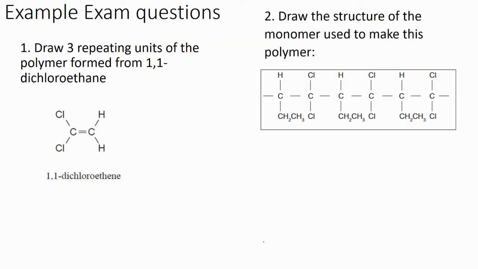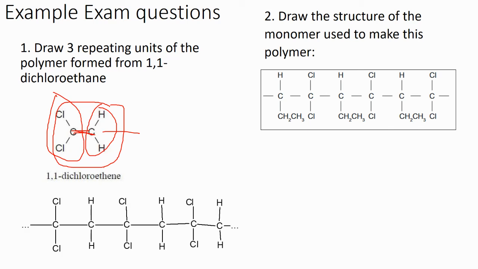All right, let's look at some example exam questions. The first one might ask you, draw 3 repeating units of the polymer formed from 1,1-dichloroethene. So if they just give you the name and they haven't given you the structure, the first thing you do would be to draw the structure. So we're going to open up this carbon-carbon double bond, make it a single bond, and we're going to draw it 3 times, and we're going to add it to itself. So the 2 chlorines are on one carbon and the 2 hydrogens are on the other carbon.